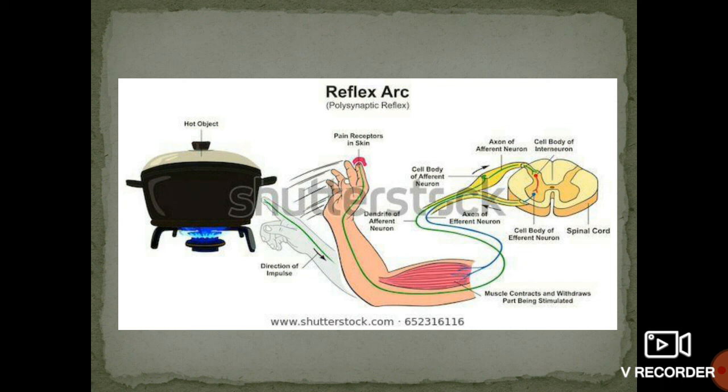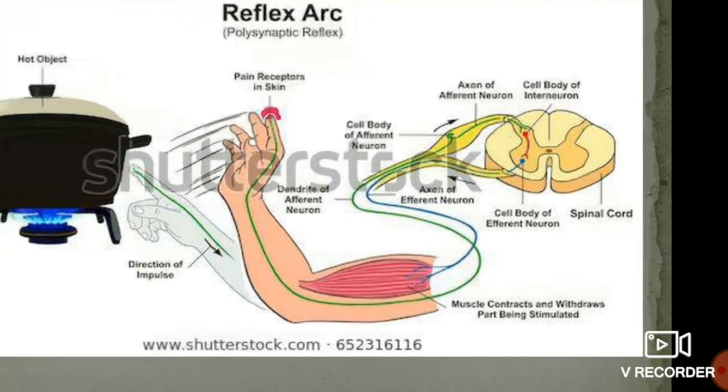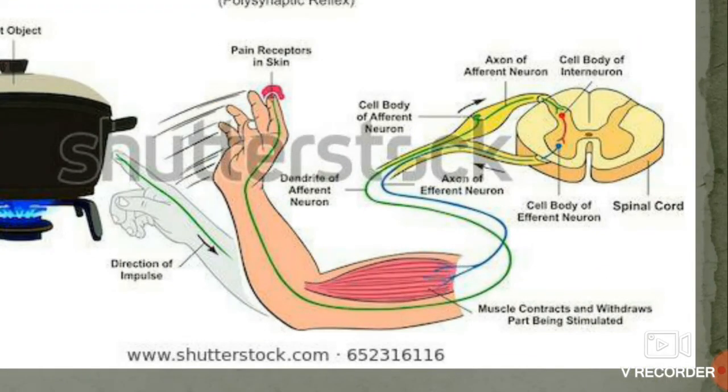The information that reaches the spinal cord is processed, and with the help of the efferent neuron it reaches the effector organ, that is the muscles. After receiving the information from the spinal cord, the muscles in our hand contract, and thereby the response occurs.